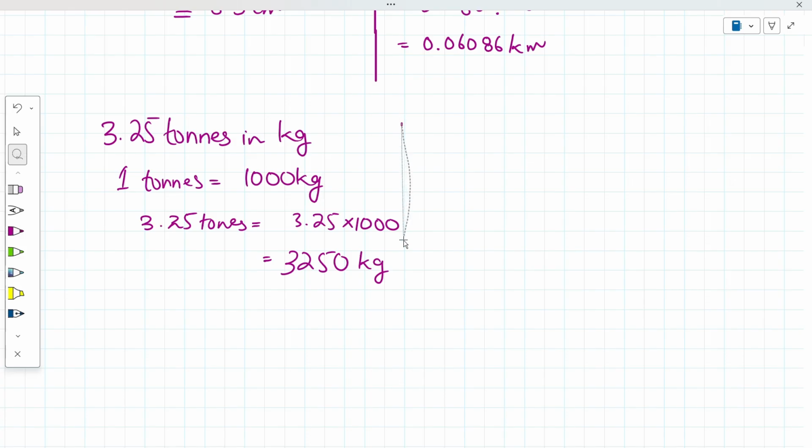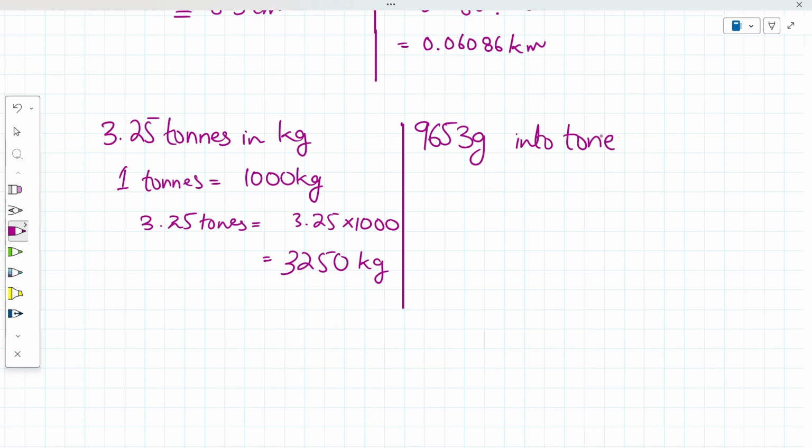Now for another example: 9653 gram into tons.